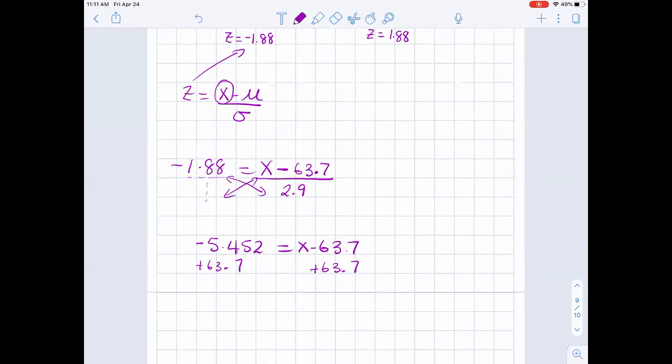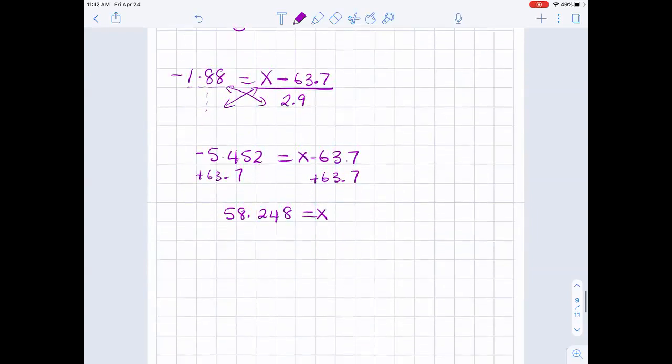So negative 5.452 plus 63.7 becomes 58.248 is equal to x. Now x represents the height, so you could round this. They didn't specify.